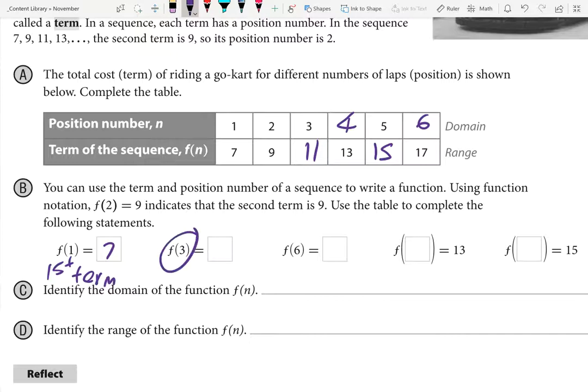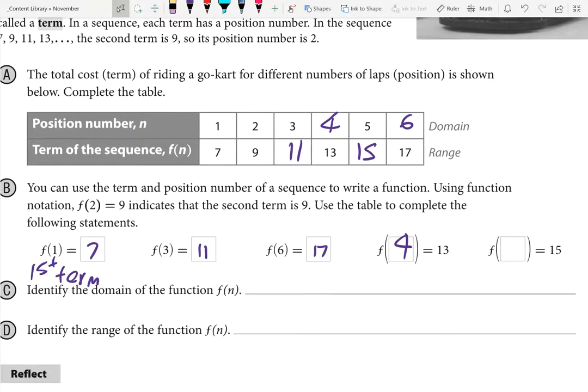f of 3 means the third term in the sequence, which was 11. f of 6 means the 6th term, which is 17. 13 was the 4th term, so it's f of 4, because it's indicating the 4th term is equal to 13, a little backwards from the first few. And then f of 5 is 15, or essentially the 5th term is 15.